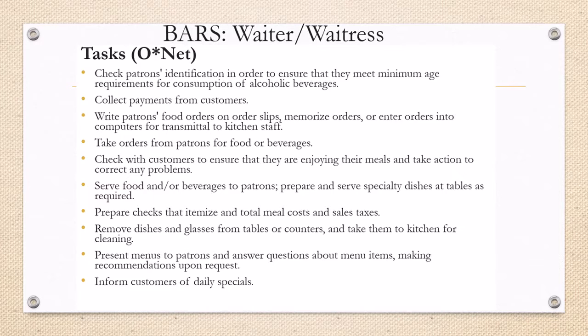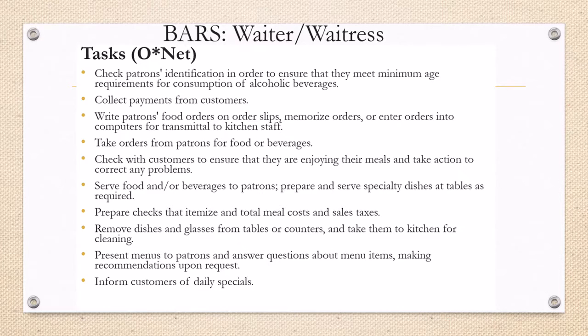Let's take an example job, say a waiter, waitress, something most of us have either done or experienced from the customer side, and look at some of the job tasks. Waiters and waitresses must check patrons' identification in order to ensure they are of the minimum age for alcoholic beverages.